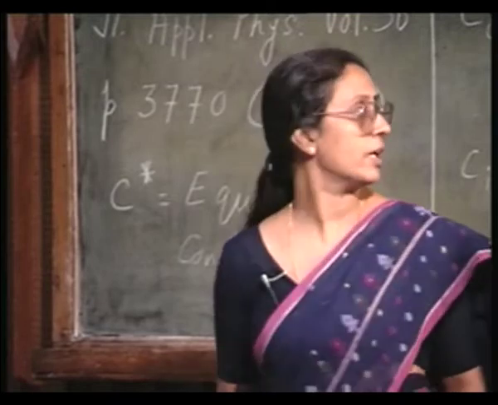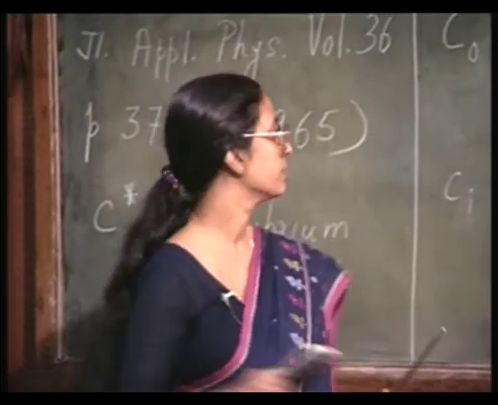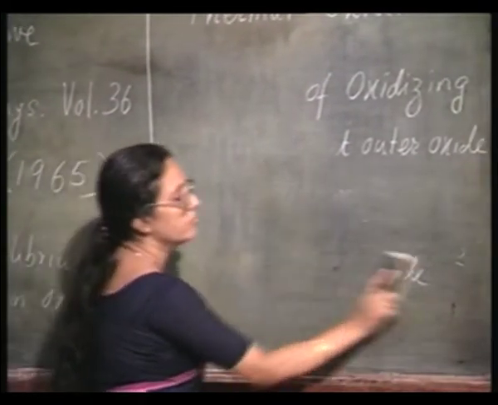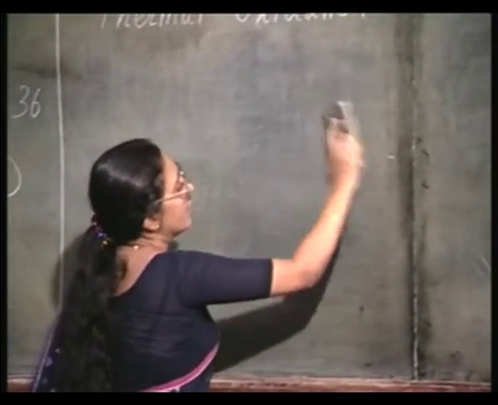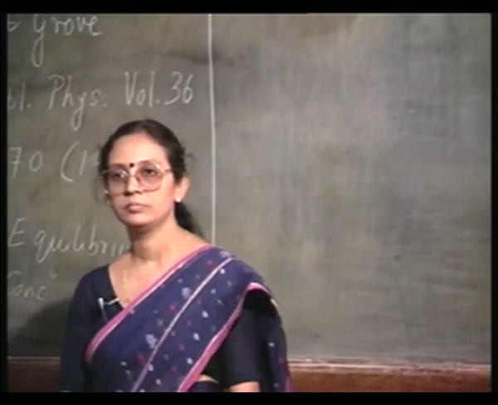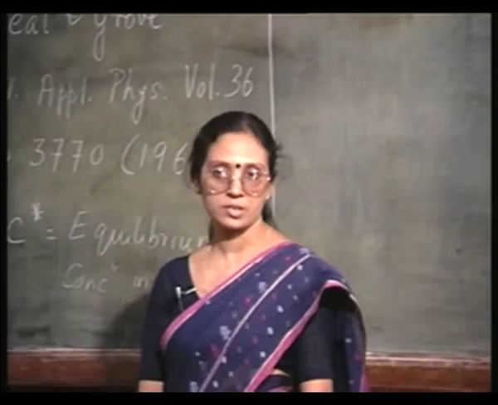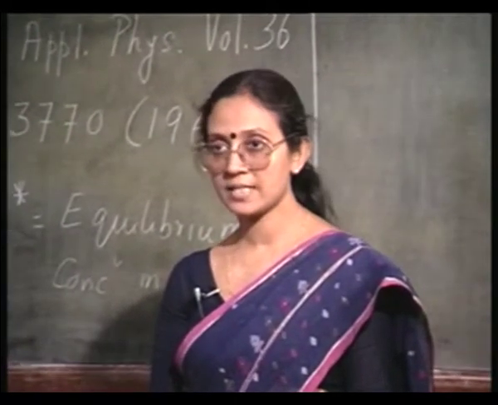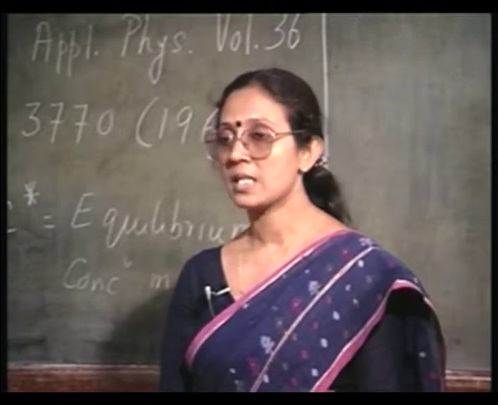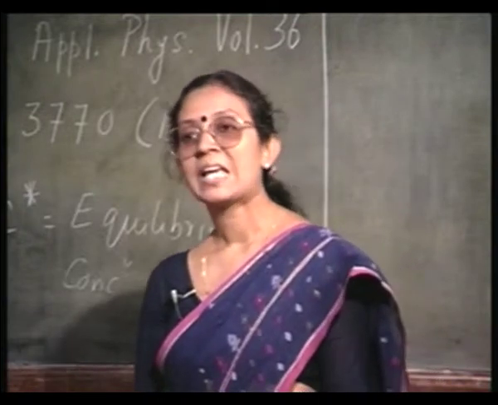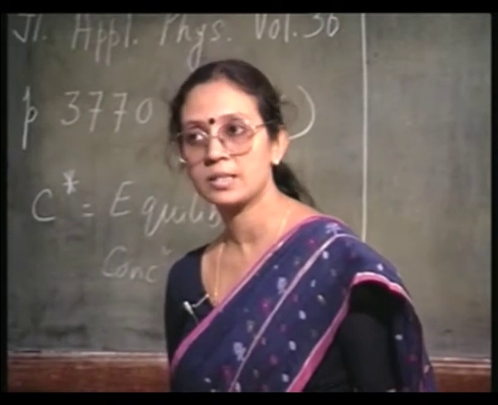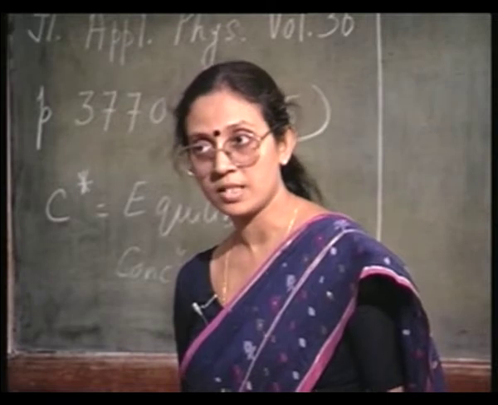So, now that we have defined all these concentrations, let us see what the 3 different fluxes are, that is F1, F2 and F3. F1 is the flux of the oxidizing species from the bulk of the gas right next to the oxide gas interface. This flux is governed definitely by the concentration difference at these 2 points, is it not?